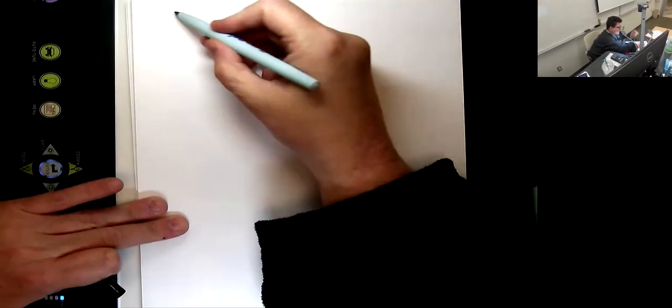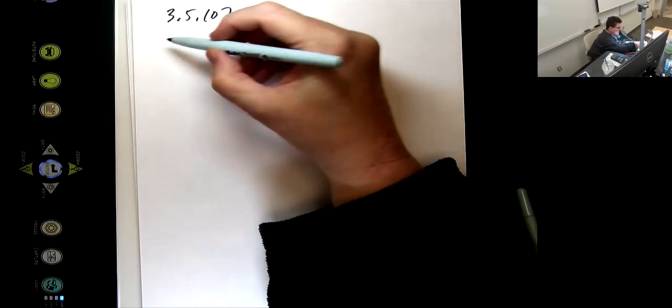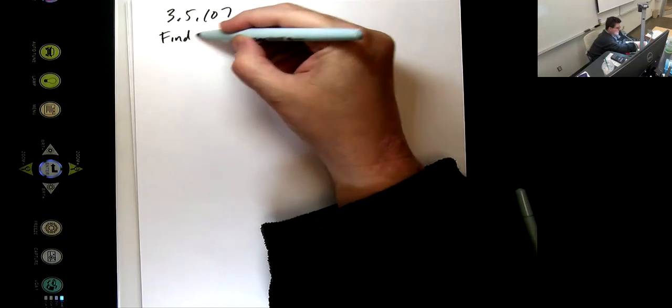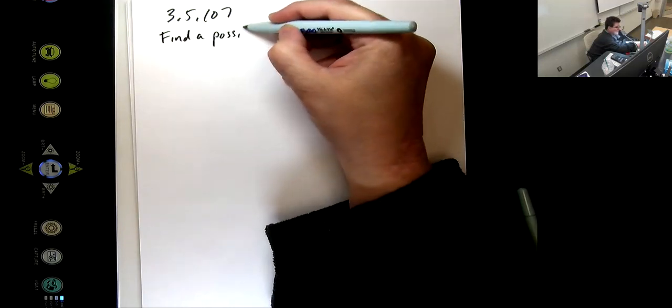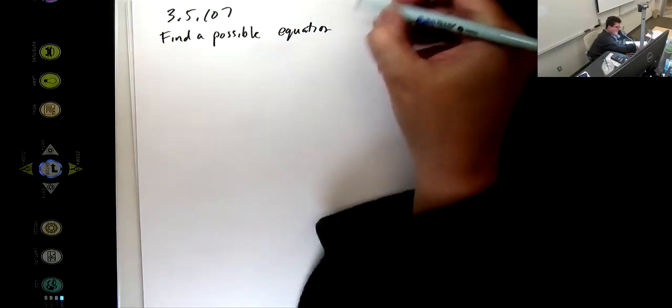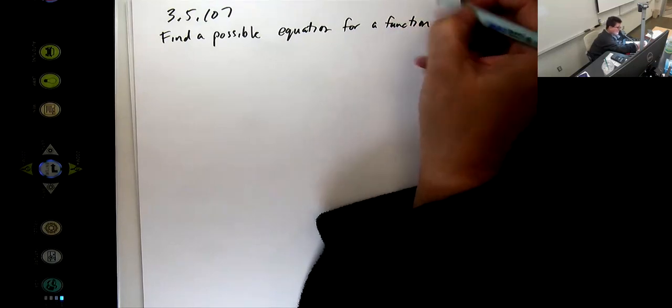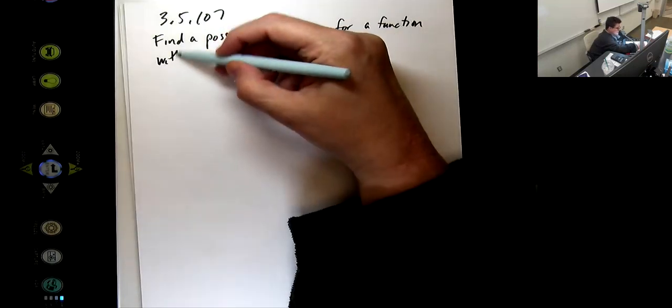All right, this is an interesting question. This is 3.5.107. It says find a possible equation for a function with a graph with the following features.